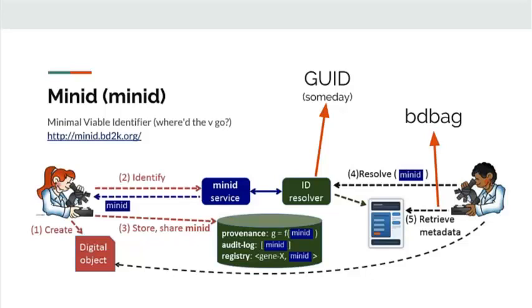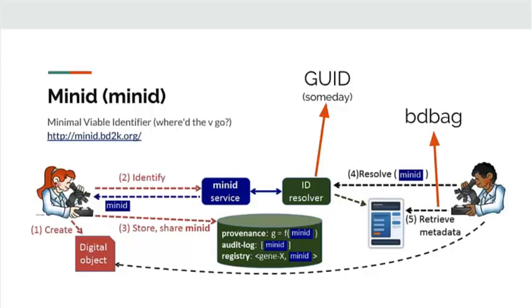This is a picture straight from their site, but basically MiNiD is a simple service to get an identifier quickly and easily, whereas when you come with a GUID, you have to give them metadata to begin with, whereas with a MiNiD, on the other hand, you can just get a MiNiD ID to begin with, and then you can get your metadata on their site and register it with that site.